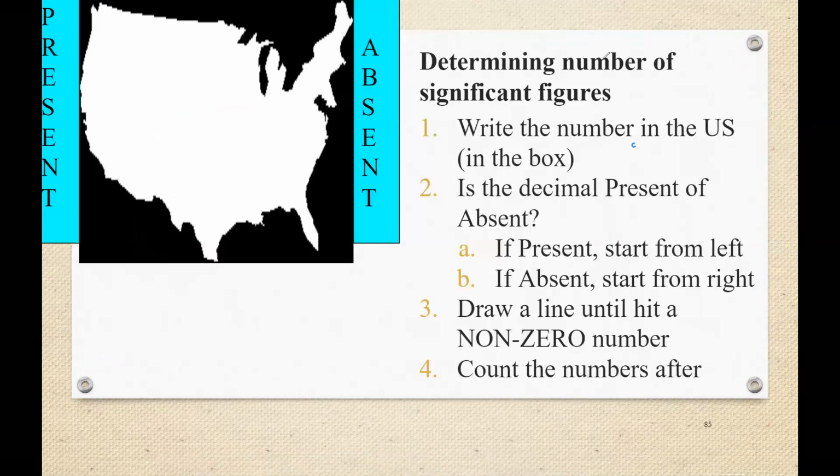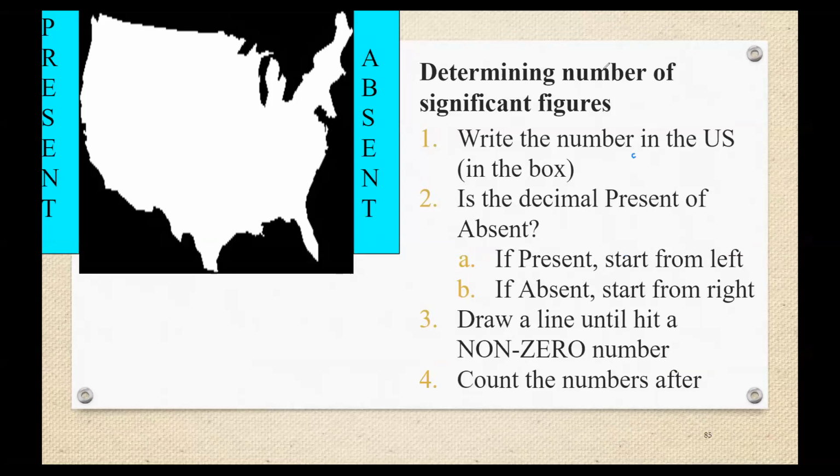So we need to be able to determine the number of significant figures in a certain number. Let's say I give you a number, and I tell you that number is 115.6.